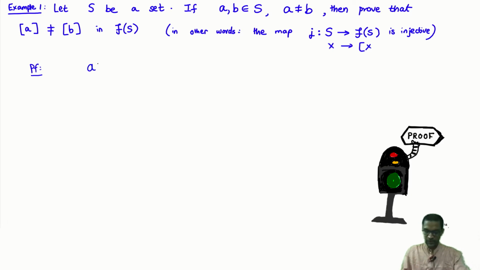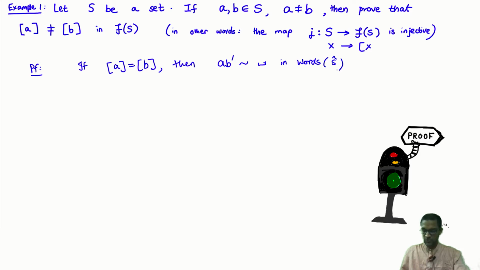Recall from the hint that this is what we assumed, that we proceeded by contradiction. If we assume that A equals B, then we concluded that AB prime, this word, is equivalent to the empty word. This is of course thought of as words in the augmented alphabet S hat. Now why is this a contradiction?